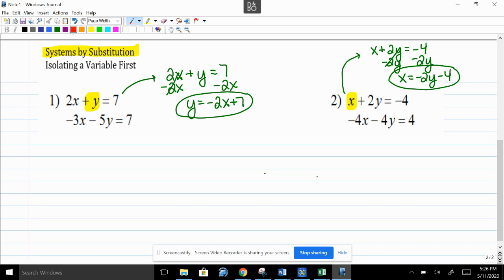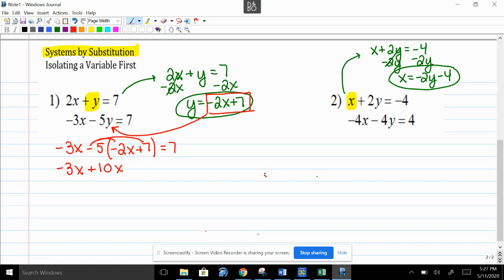So if I go back to number one, that negative 2x plus 7 is going to go down here and replace this y. Okay, so I now have negative 3x minus 5 times the quantity negative 2x plus 7 equals 7. Everything else I'm doing is exactly the same. All right, I just added in a little step. You distribute the negative 5 times negative 2x is plus 10x.